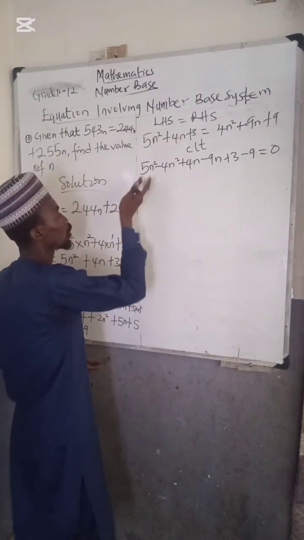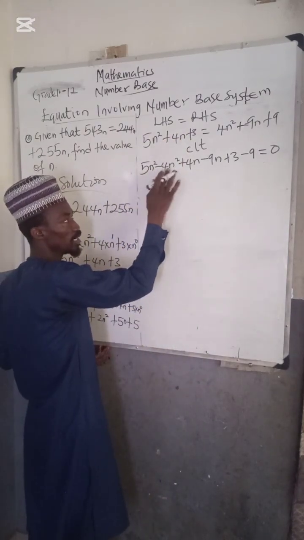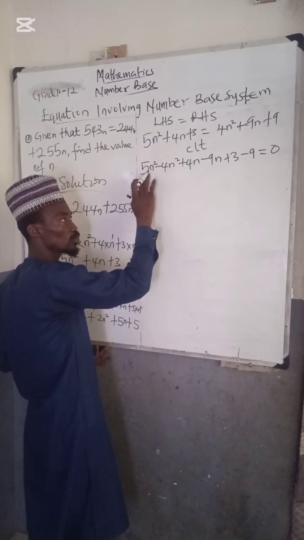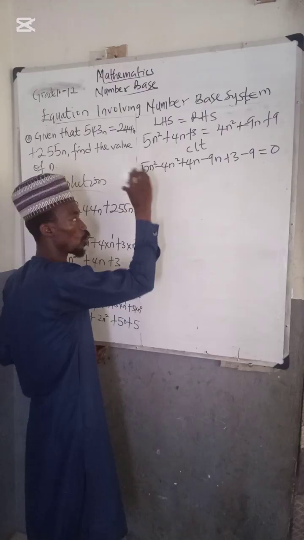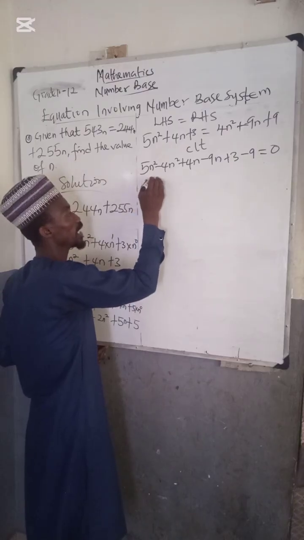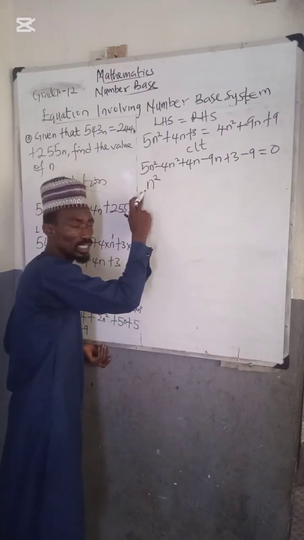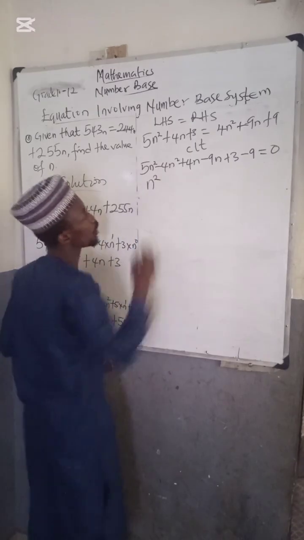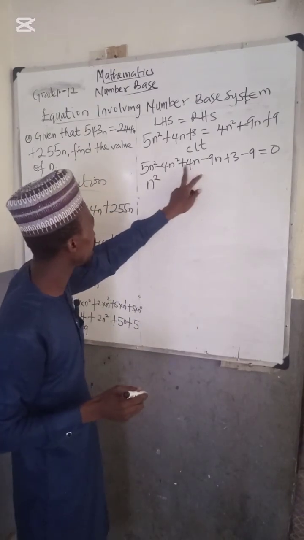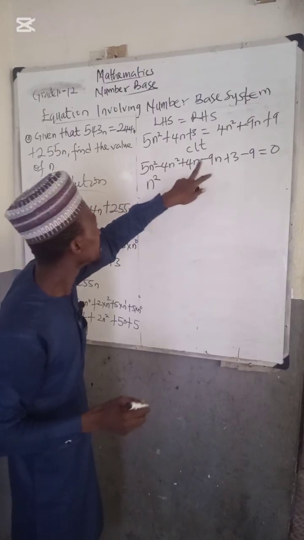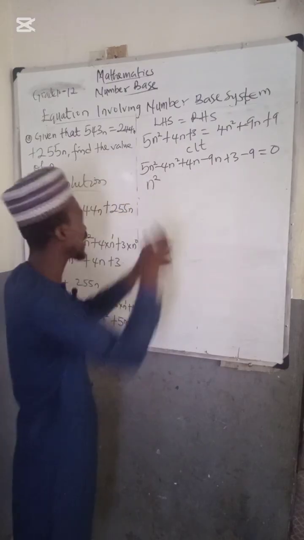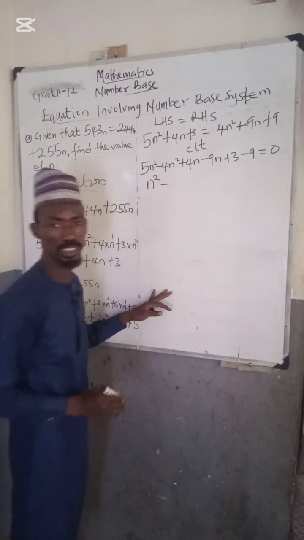Now coefficient of n squared here is 5, here is 4, here this one is higher than this, therefore 5 minus 4, that's 1. So you have 1n squared, which is same thing as what? N squared. Now the coefficient of n here is plus 4, and this one here is minus 9. The coefficient with negative is higher, therefore you are having negative.